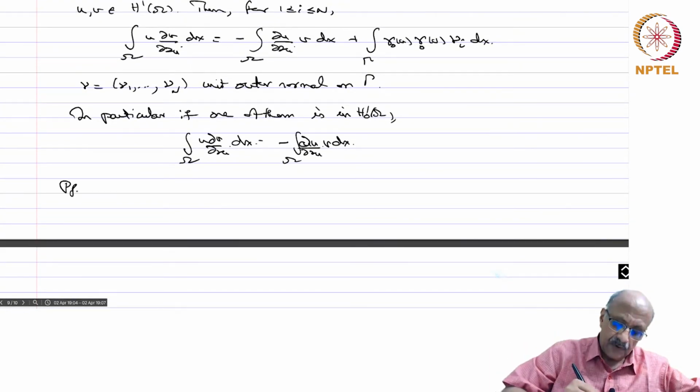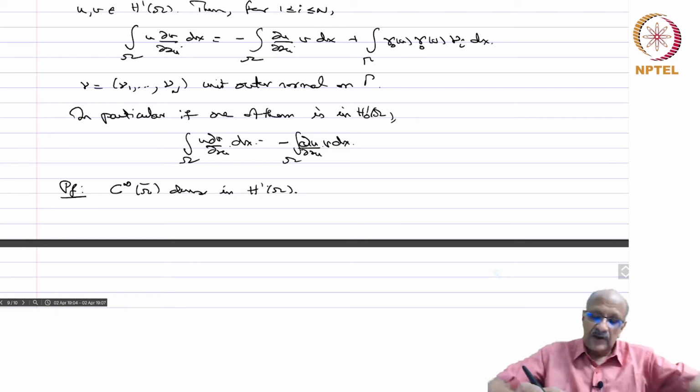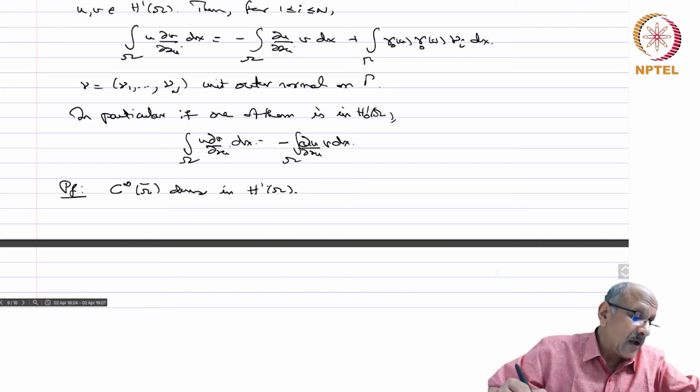Proof. We know, because of Friedrichs' theorem and so on, that C infinity of Omega bar is dense in H^1 of Omega. In fact, D of R^n itself will be dense in H^1 of Omega, and so C infinity of Omega bar is dense in this.